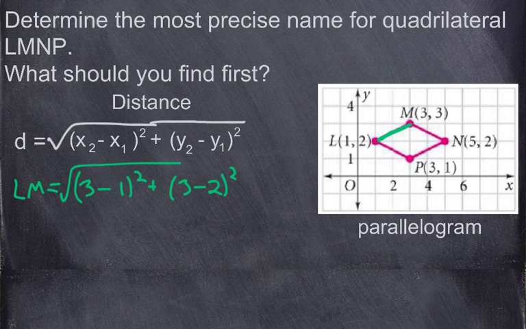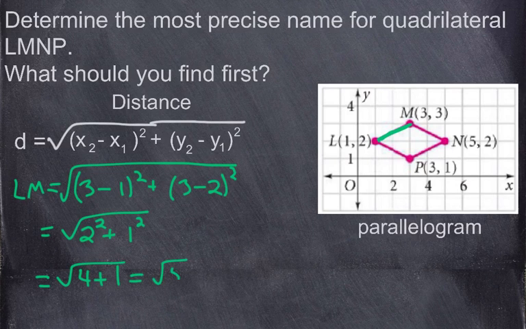And again, we have the root over the whole thing. So that gives us 3 minus 1, which is 2 squared, plus 3 minus 2, which is 1 squared. And then that gives us 4 plus 1, which gives us the square root of 5. So we know that this distance here is the square root of 5.